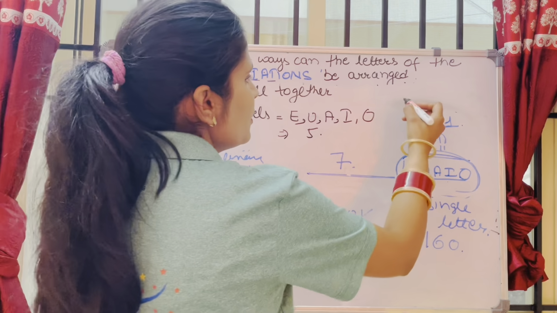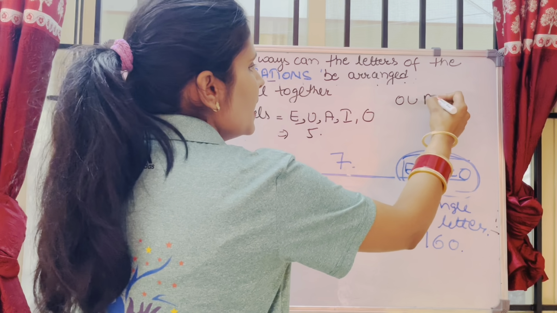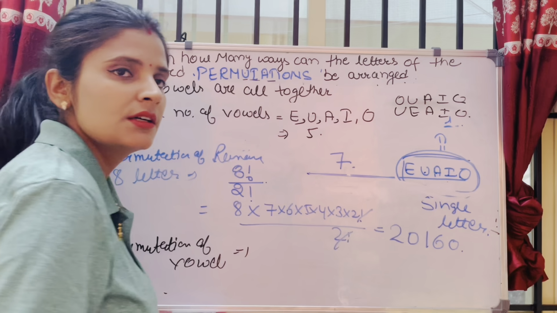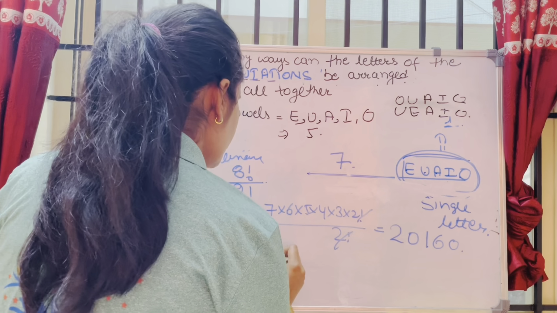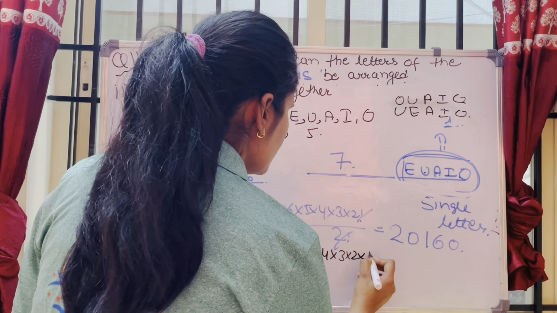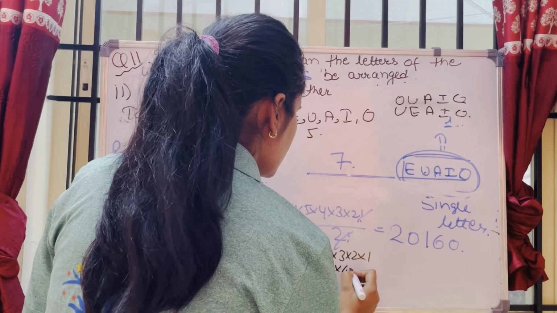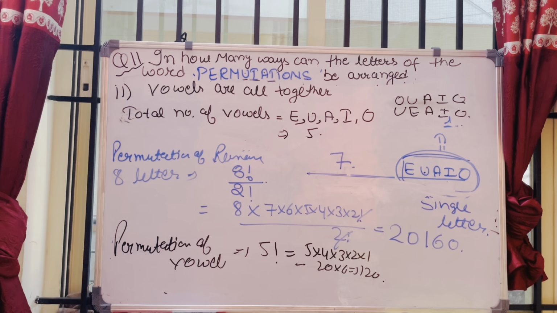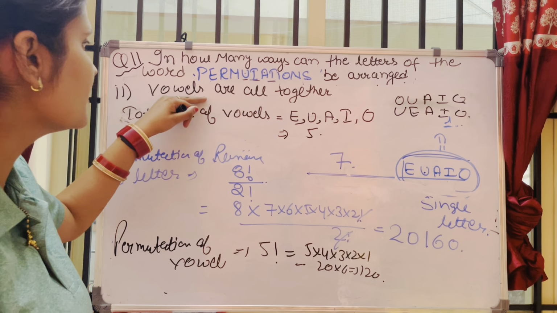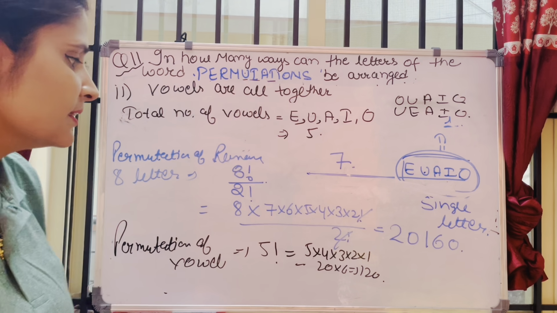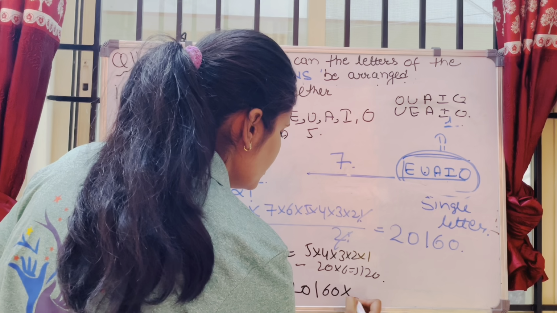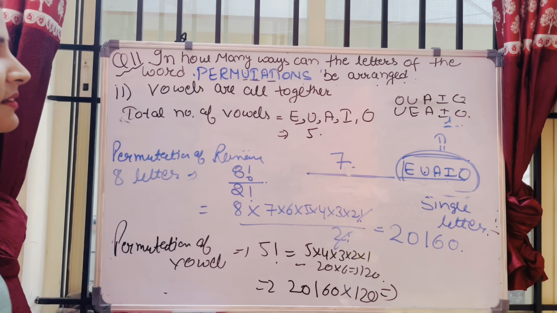How? O first, then O, U, A, I, O, or U, E, A, I, O. So here 5 factorial, 5 into 4 into 3 into 2 into 1, that is 120. Therefore, the total number of arrangements when all vowels occur together, we have to multiply 20160 into 120. Then we will get the answer.